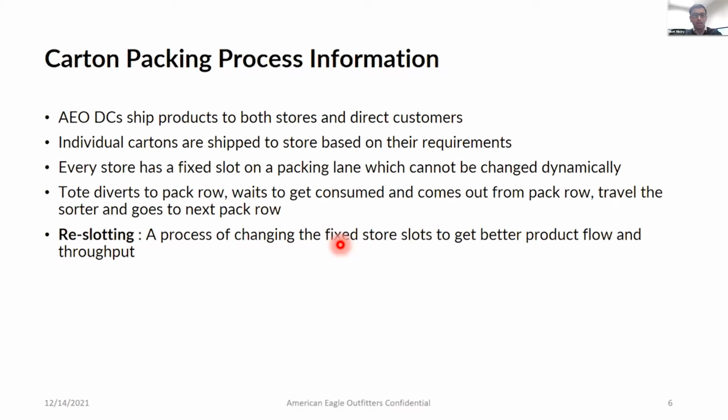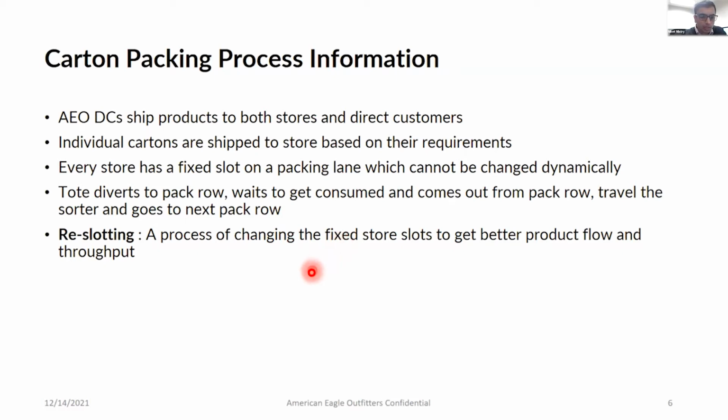When we want to make a change in this system, there are around 31 packing rows, and on each packing row there are multiple store slots. Even to make one change, we have to go through a downtime of around 36 to 40 hours, make all those changes, and then go live with the new slotting mechanism.